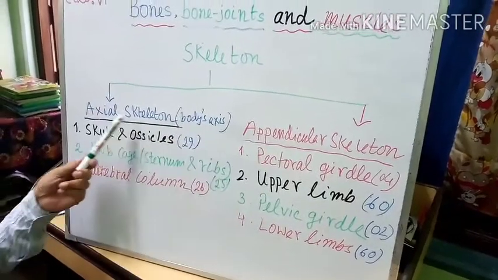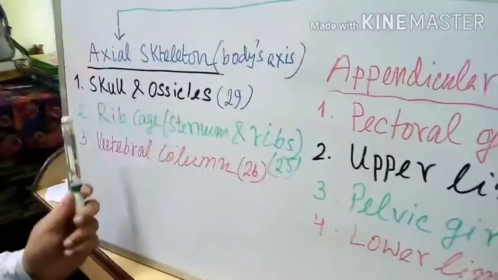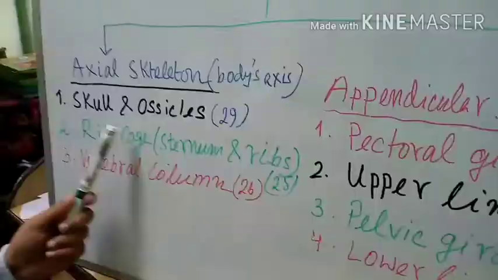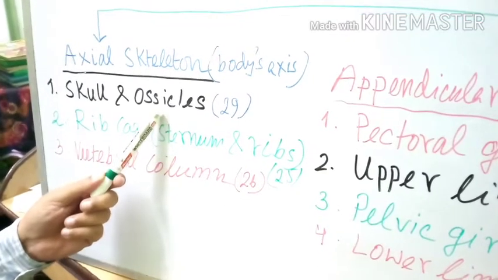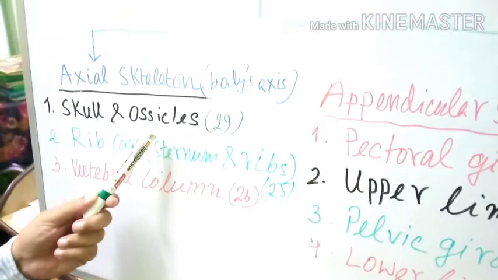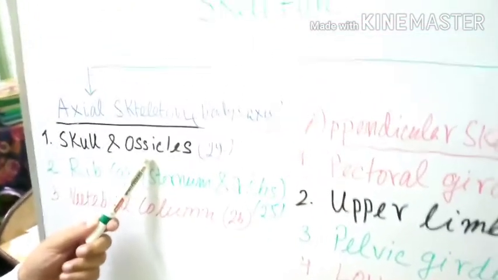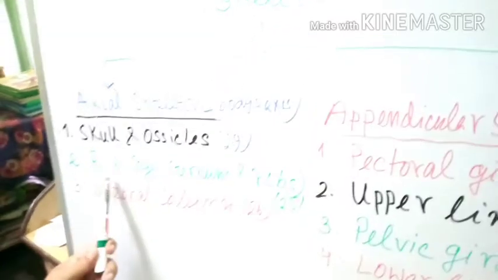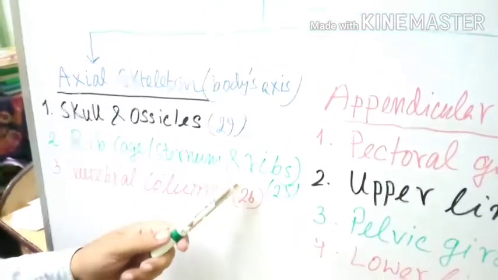So this is axial skeleton. It includes skull and ossicles. What is ossicle? Ossicle is our bones of internal ears. Then rib cage, including sternum and ribs.